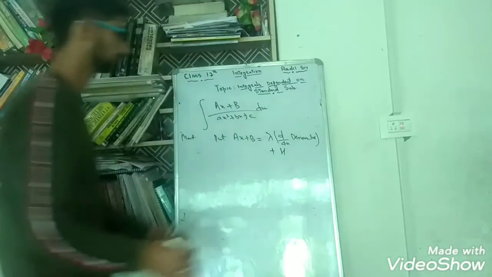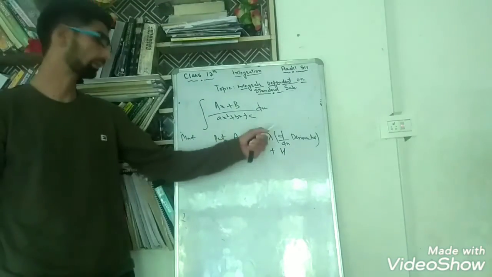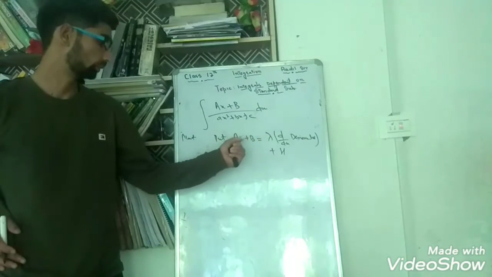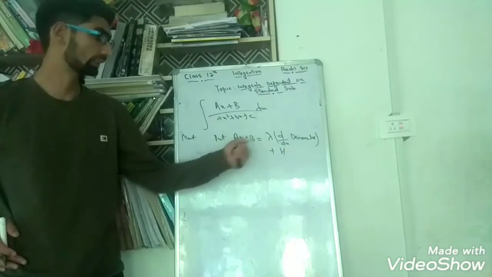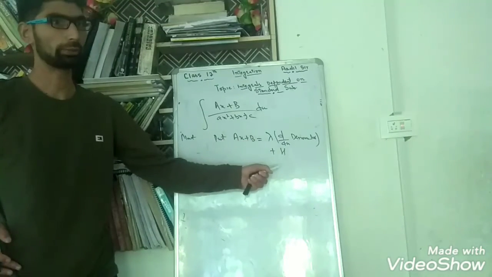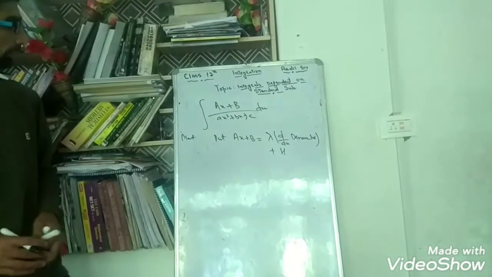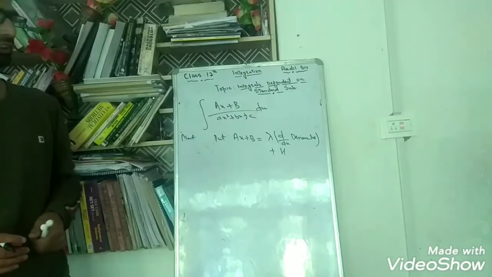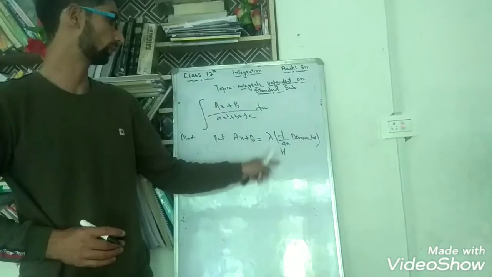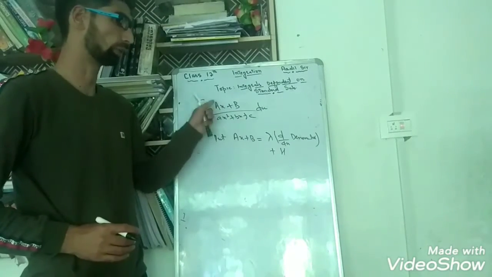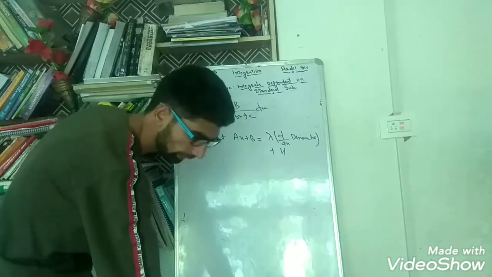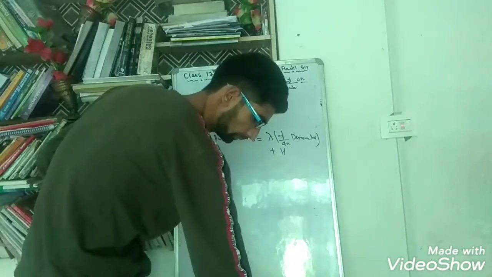You have to make this substitution, and after that, beta, you have to compare the coefficients of x on both sides, and you will get the values of lambda and mu. You compare the coefficients of the lowest term, the constant, as well as the linear term. When you get the values of these two, you put them in your integral and you will get a solution. We will solve one example that is based on this, beta.